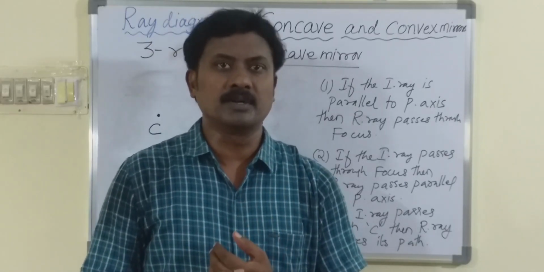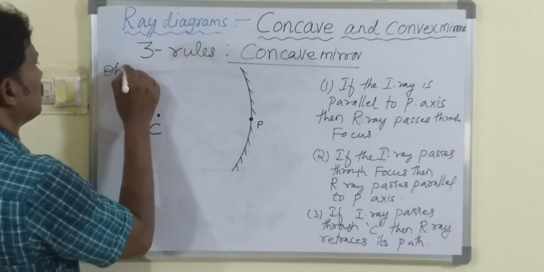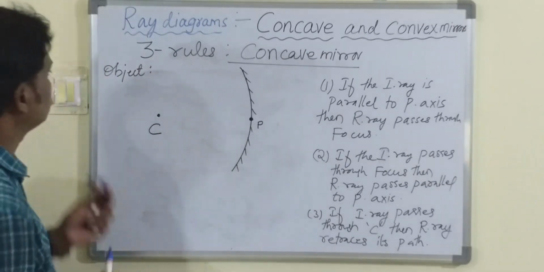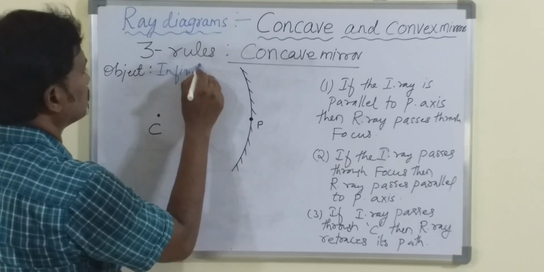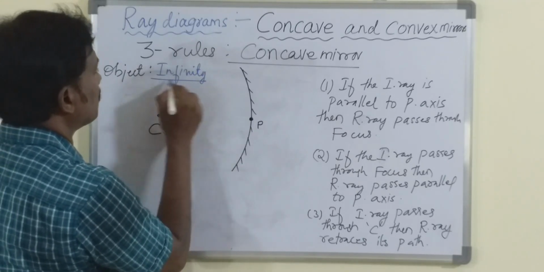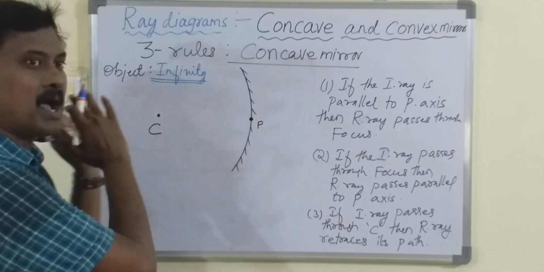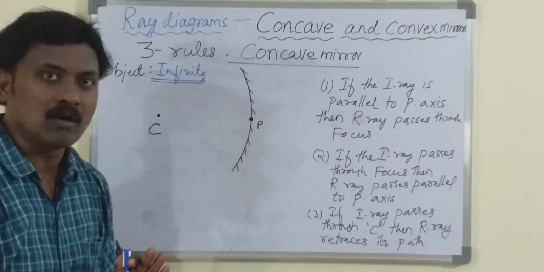Now always remember, when the object is placed at infinity, then we get a parallel beam of light rays. Parallel beam of light rays is incident on the concave mirror.